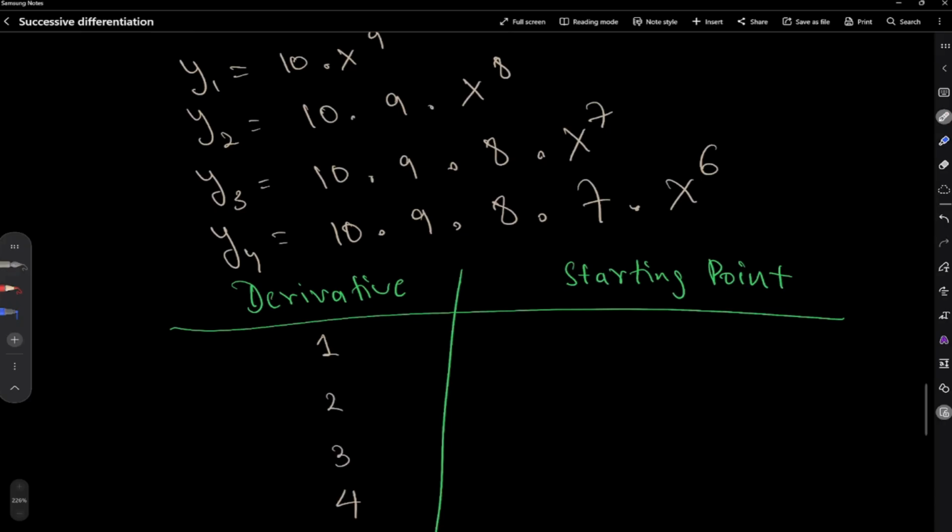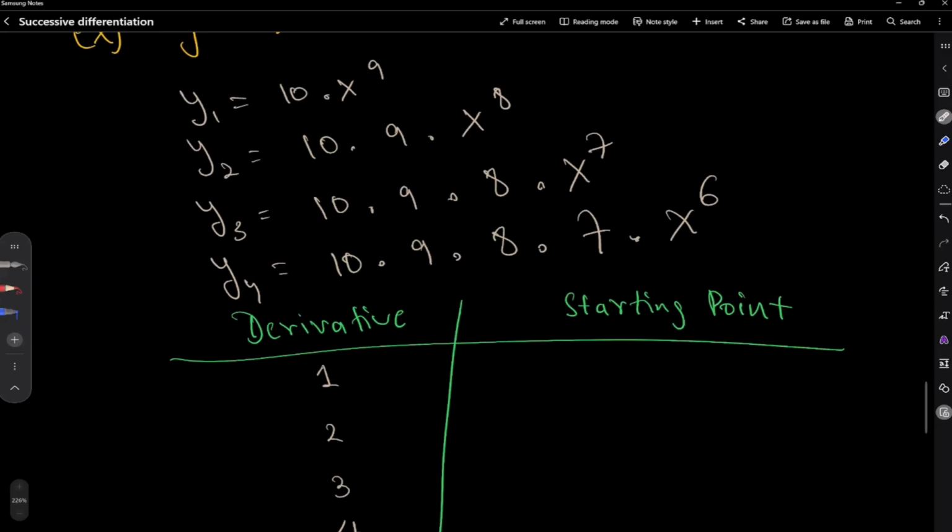And the starting point for each derivative goes here, it's 10, because it's right next to x, you can also remember it that way. And here it's 9, here it's 8, and here it's 7. So it goes 10, 9, 8, 7.